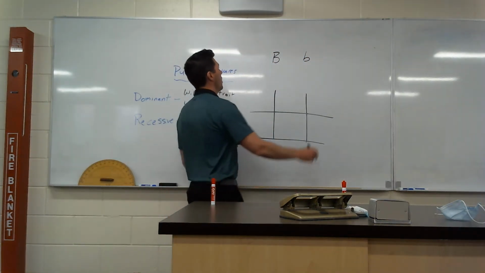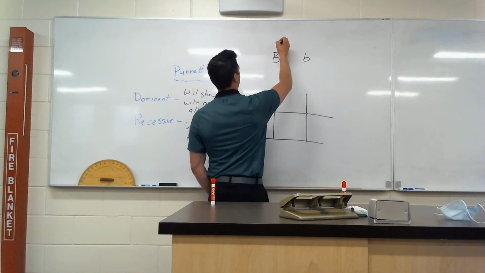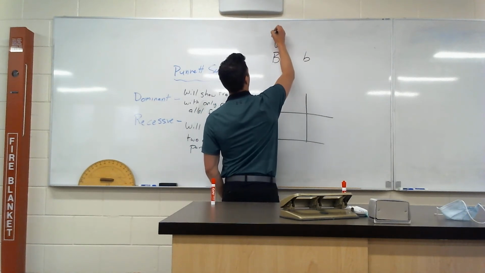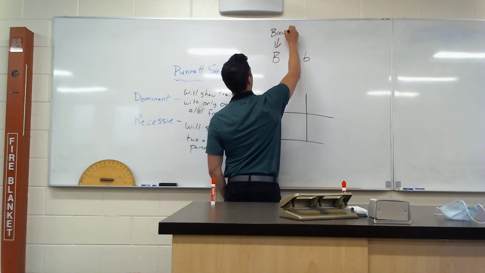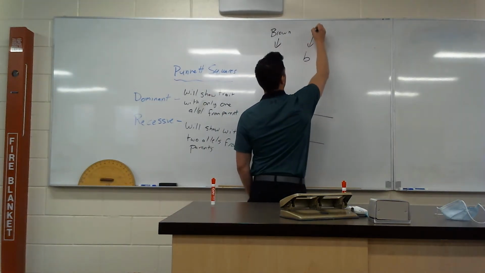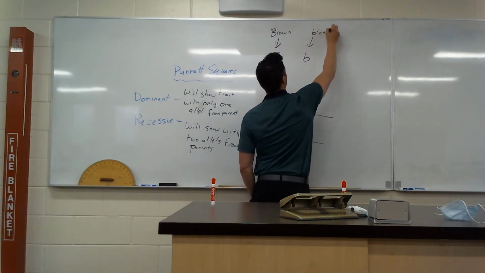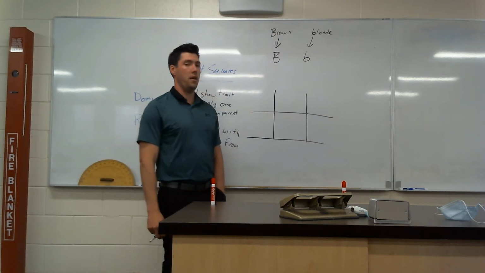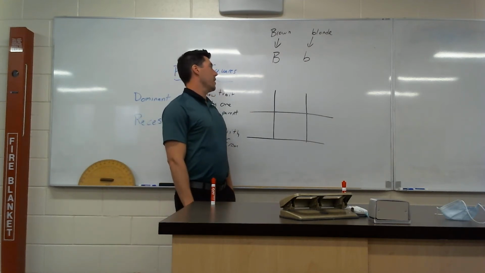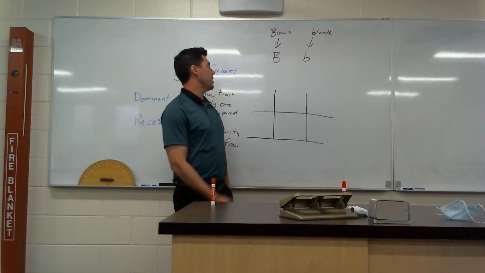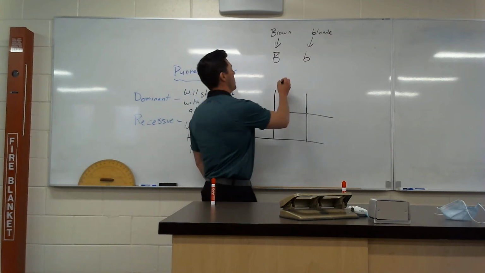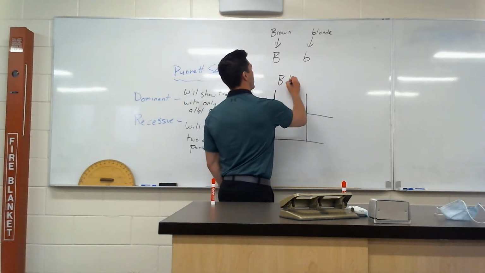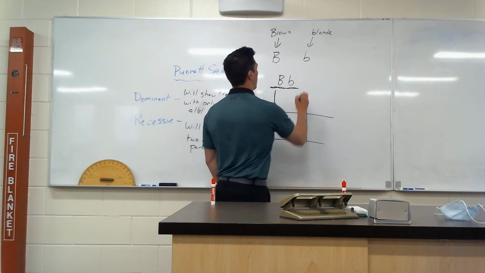A dominant trait is an uppercase letter, that is brown hair, and a recessive trait is blonde hair. Let's say your dad gives you a big B and your mom gives you a little b.